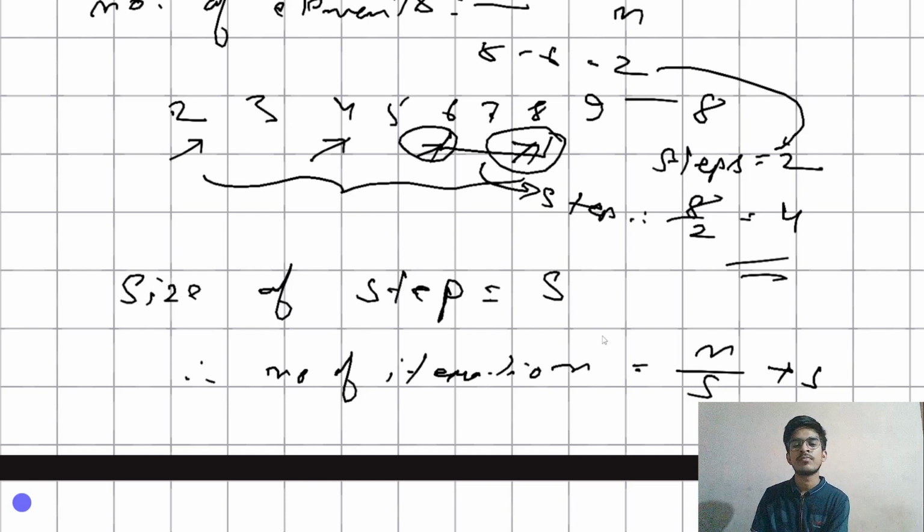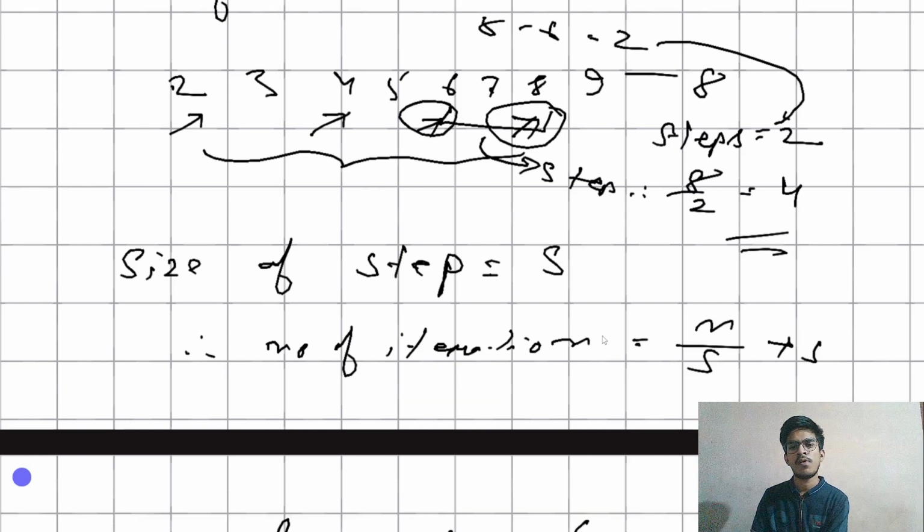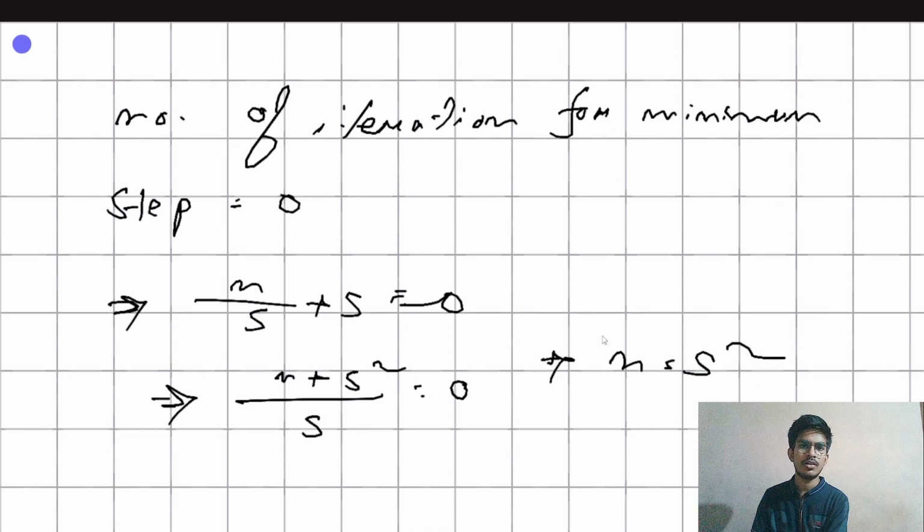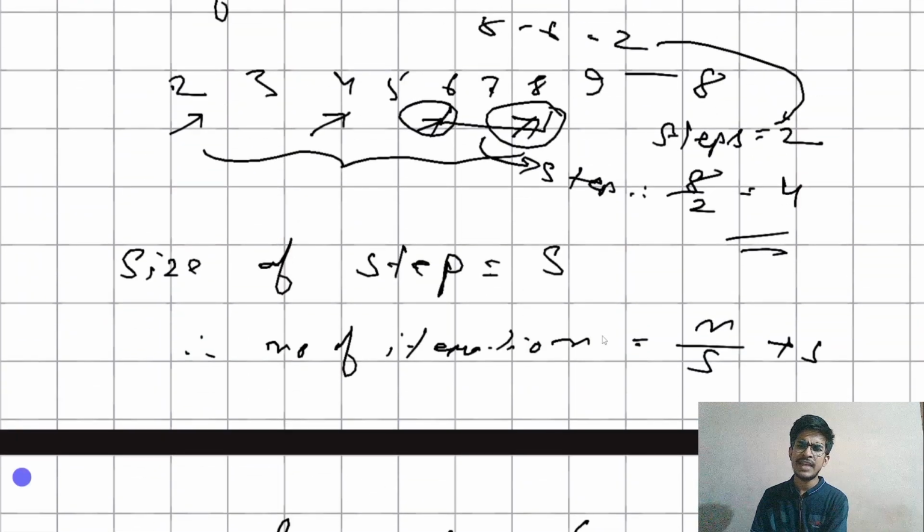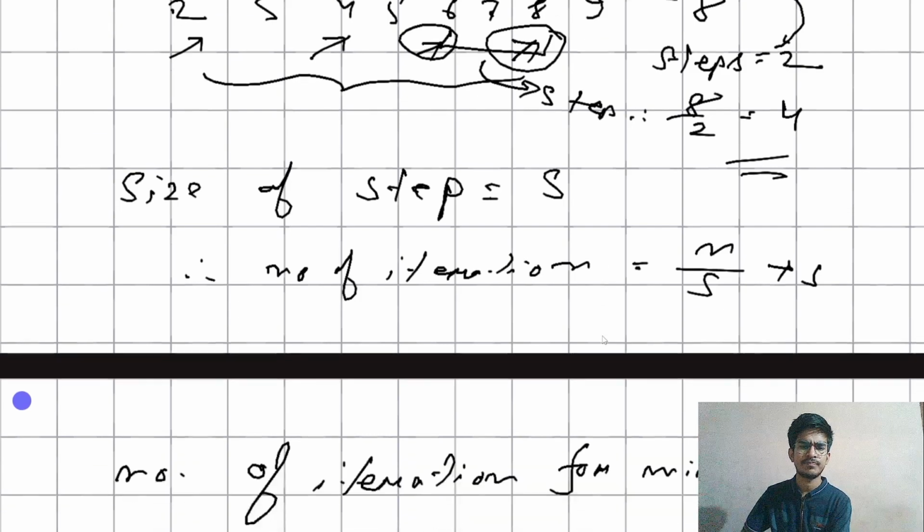I don't know how many minimum steps we can get. Is it n? No, it can't be. If it is equal to n, then s square will be ns minus s square, s will be taken common, and it will be n minus s. So that will be tedious actually.